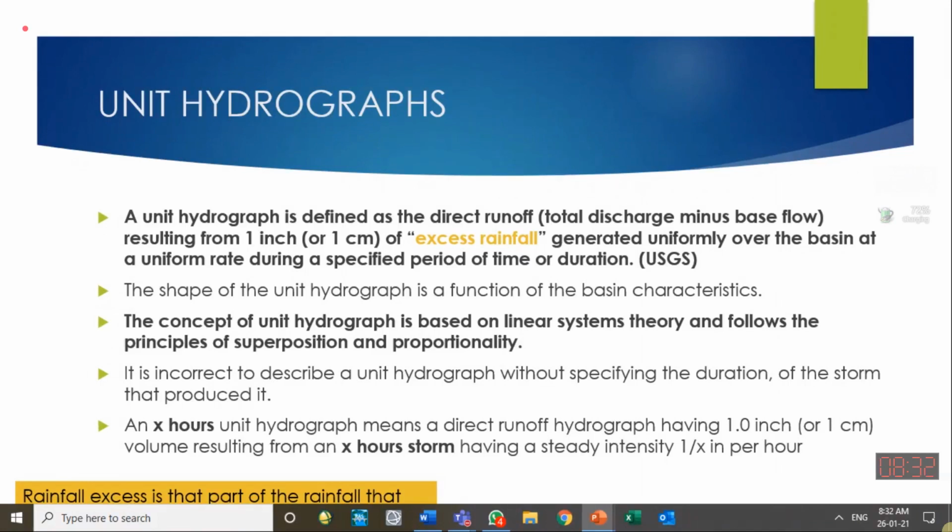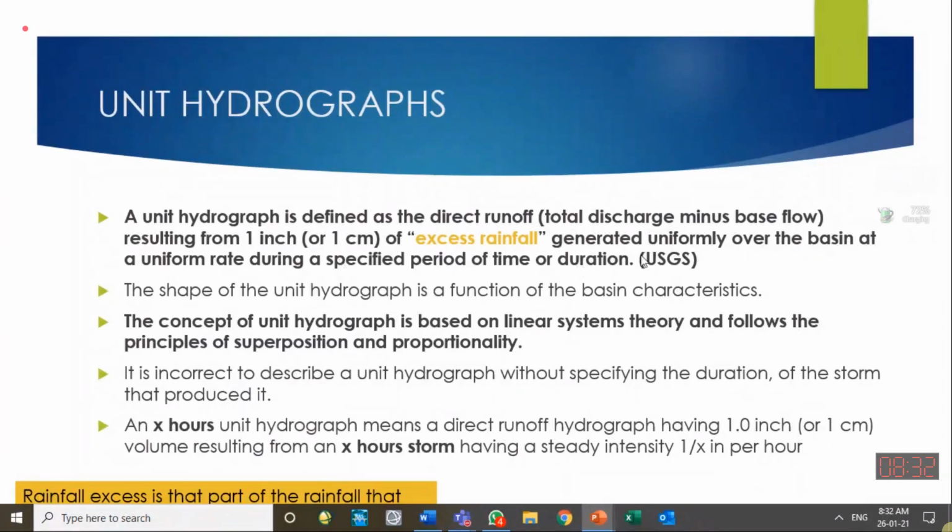In hydrology, the effective rainfall is that rainfall which is converted into direct runoff. Another name for effective rainfall is excess rainfall, after losses have occurred.